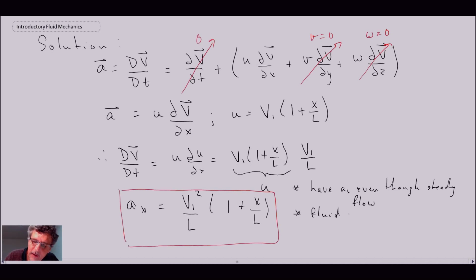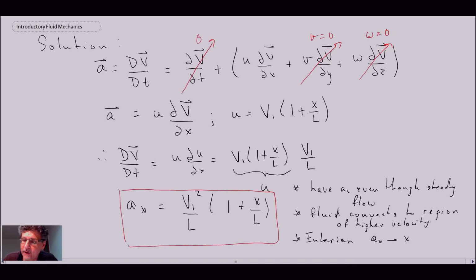Fluid is convected to a region of higher velocity, and this is the Eulerian expression. If you want to find the acceleration, all you do is plug the value of x into that expression, and that gives you the acceleration at x. So that is the acceleration using the Eulerian approach.